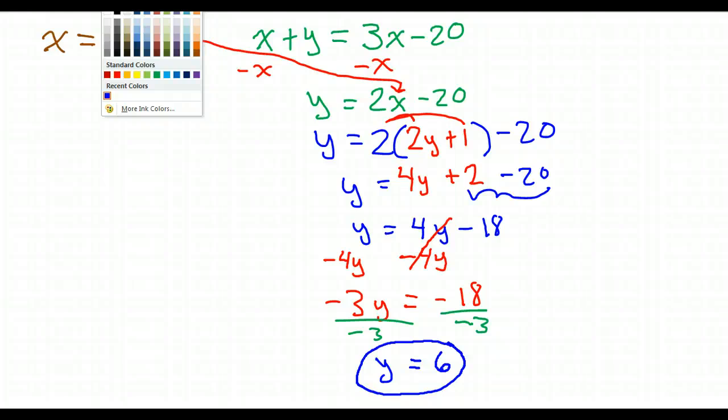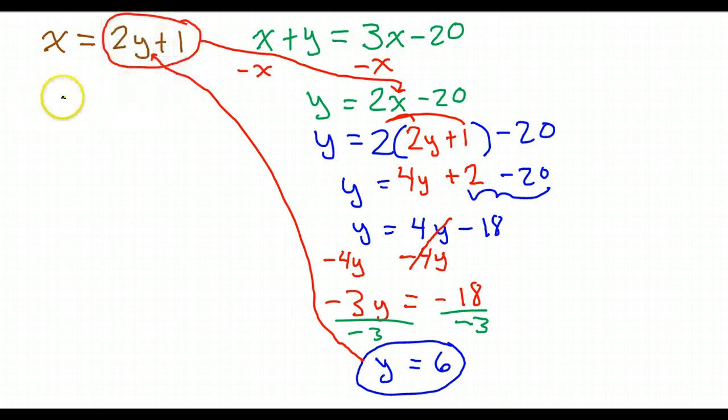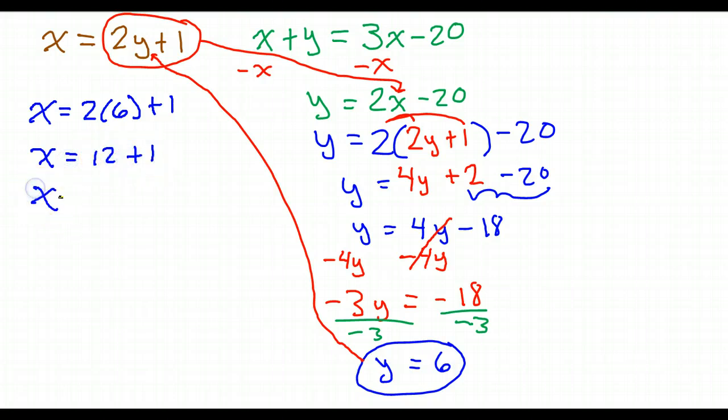So I just need to take that y equals 6 and substitute that back in right here to find x. So that's going to give me x equals 2 times 6 plus 1. So that's 12 plus 1. So that's 13. So x equals 13, y equals 6.